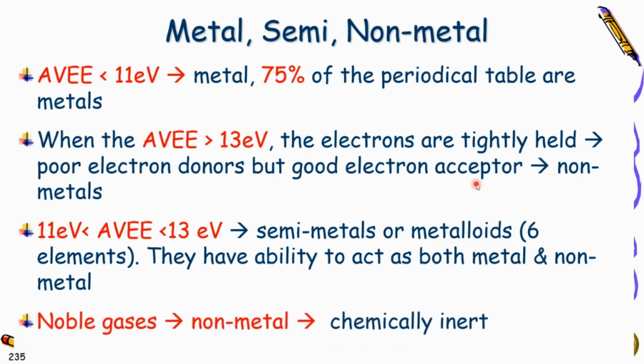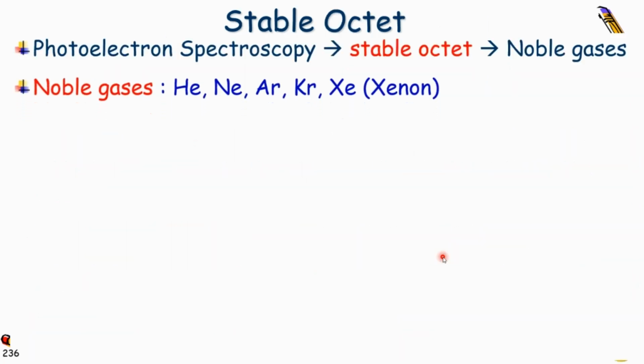The noble gases are non-metals, but they are chemically inert because they have s2p6, right? This is what we call a stable octet. Octet means 8. So s2p6 means there are 8 electrons in the outermost shell. From photoelectron spectroscopy, we realize there are many gases with s2p6, which we call stable octets, and they belong to the noble gases.